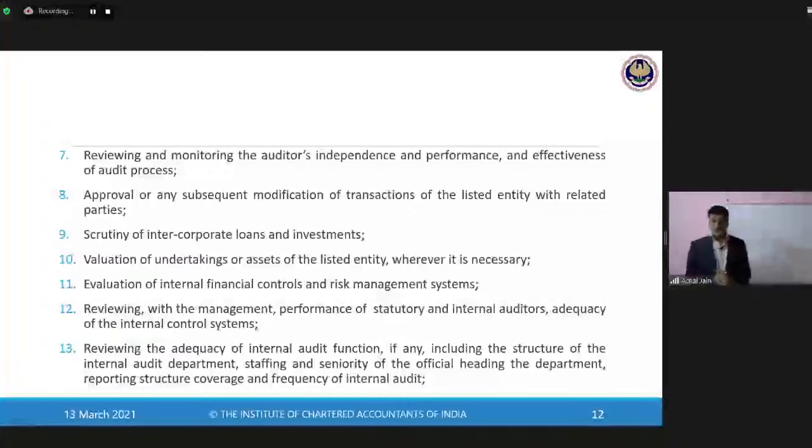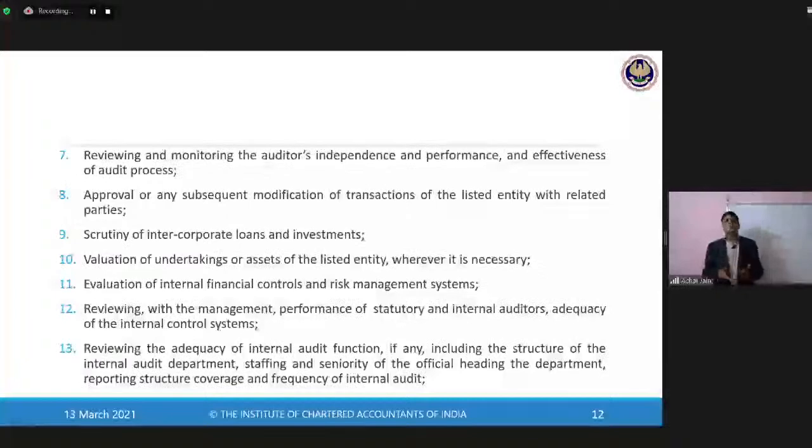Reviewing with the management the performance of statutory auditors and the performance of internal auditors. As we've been discussing, the audit process is required to be supervised by the audit committee. So we are not saying that they will have a say in the audit which is conducted, but in terms of whether the audit is really giving the objectives which the management or the organization would have wanted, somebody needs to review this.